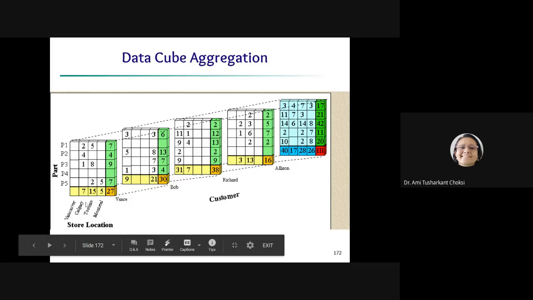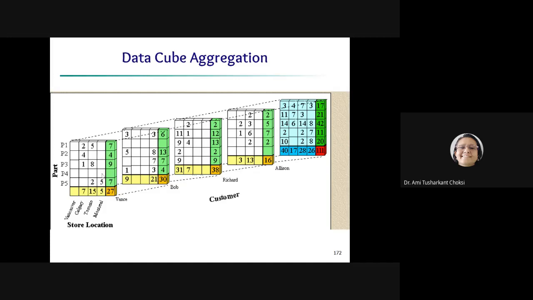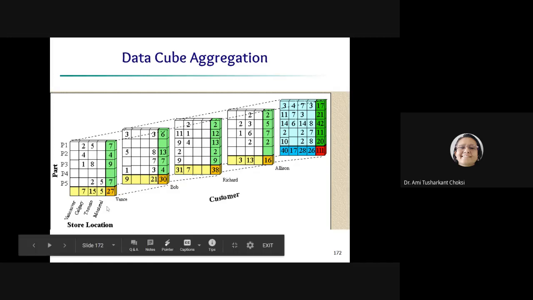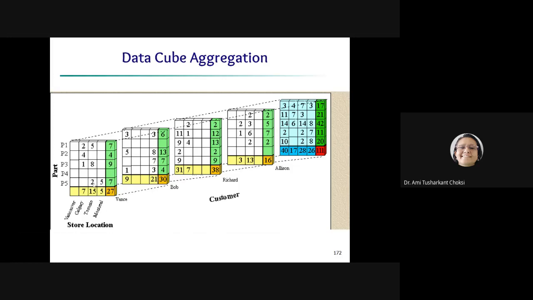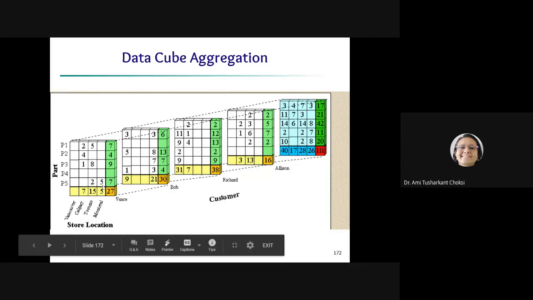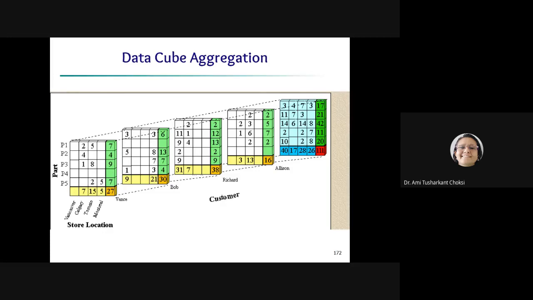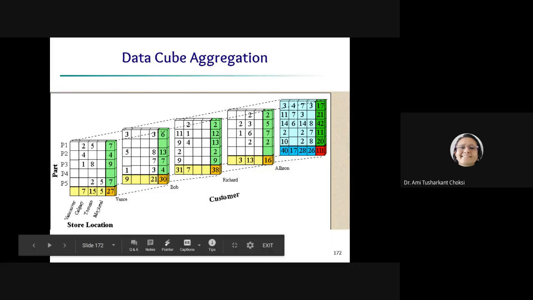Fine. The same way, we can say that this customer has purchased for this particular location, this is the city name. Here the customer has only purchased part 5, right? So the total is 5. That is how many total parts this particular customer has purchased at this particular location.